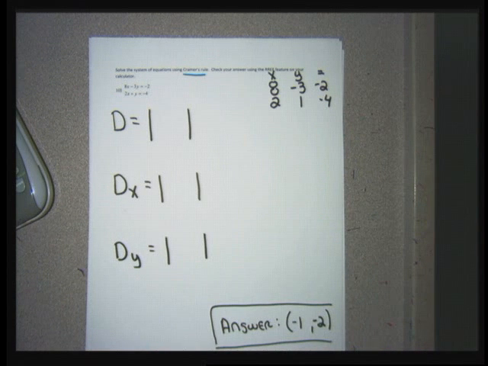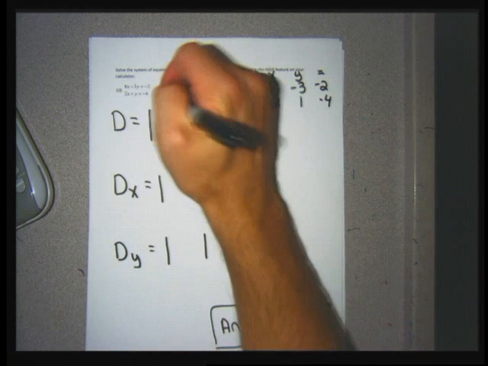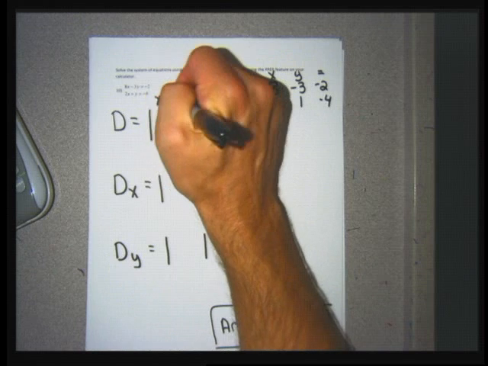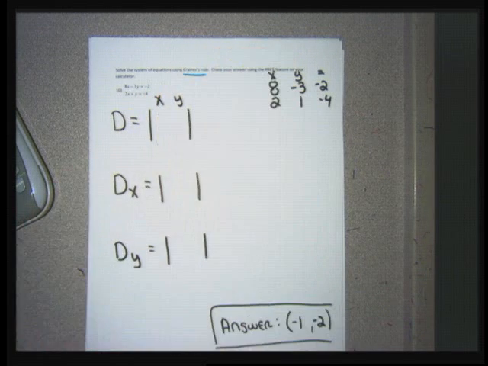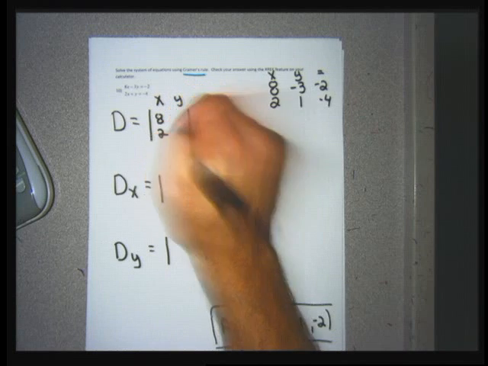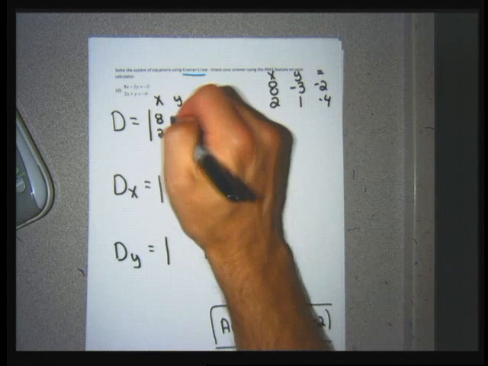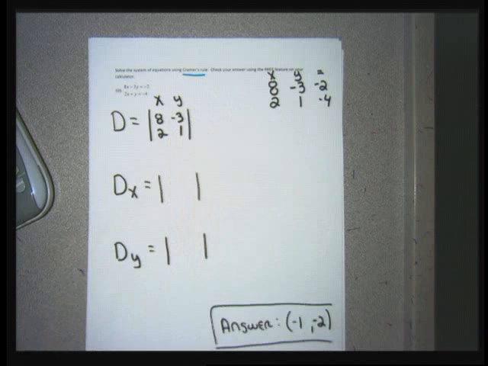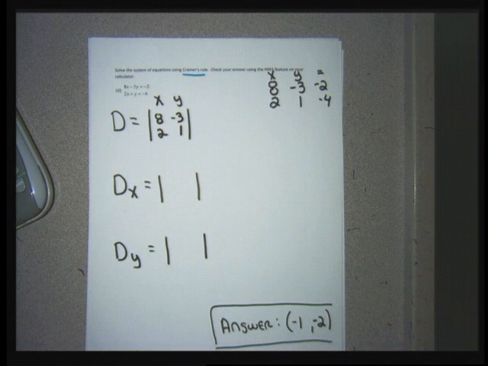The D determinant is going to have first the x column and then the y column. The x column are the numbers 8 and 2. The y column are the numbers -3 and 1. Eventually I'll figure out what that determinant is.